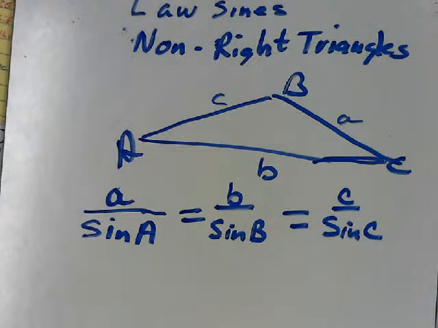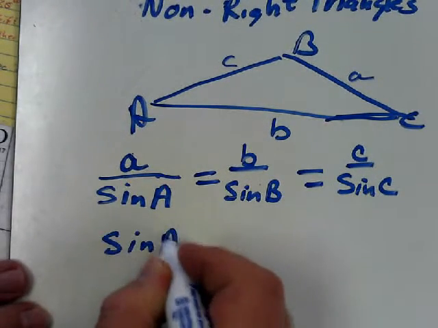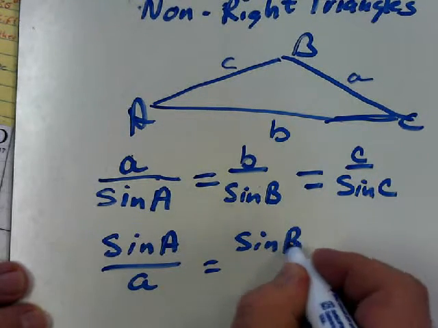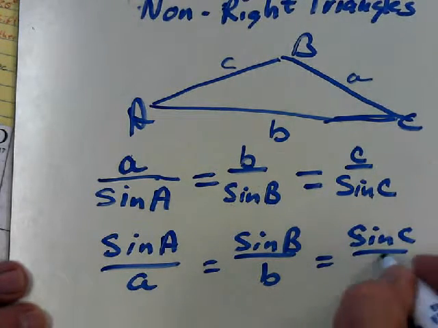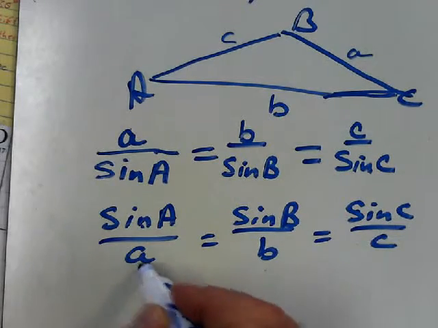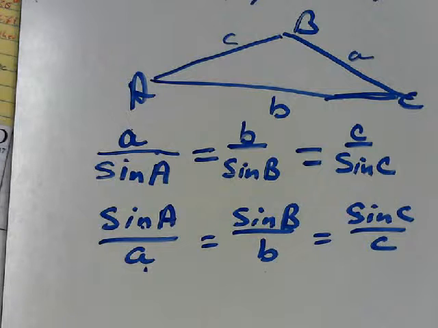Okay? The other way is upside down, so you get it the way the book has it. Yeah, the book has it this way. Which way you use it, I don't care. You can either put the angle over the side or the side over the angle. The ratios are still going to end up being equal to each other.